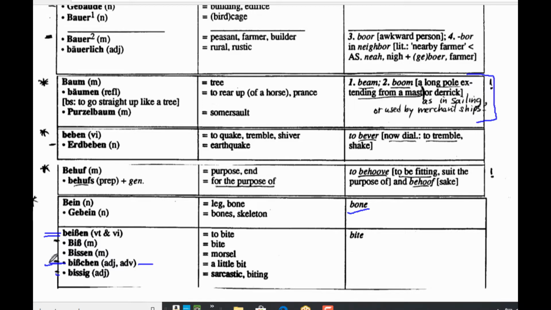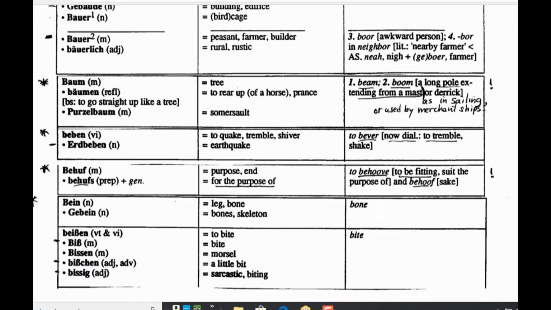But this is the word you want to learn and remember, bisschen. And what about the chen? What does that indicate again, Matthew? It's a diminutive suffix like Büchlein, the little book, or bisschen means a small little bite. So it's always the diminutive, and it's always on a noun. It's always neuter.